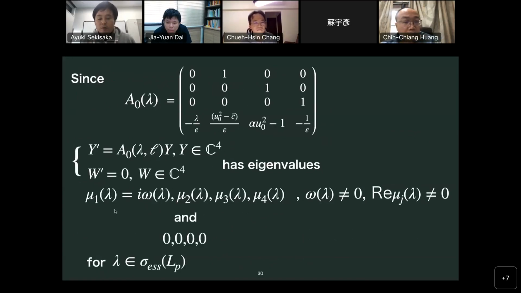I omit the details of these hypotheses. So we take the hypothesis on the subset of the essential spectrum. We take only one eigenvalue which has real part equal to 0, like this. And the other eigenvalues have real part not equal to 0.